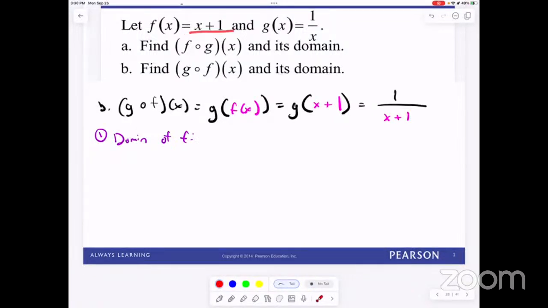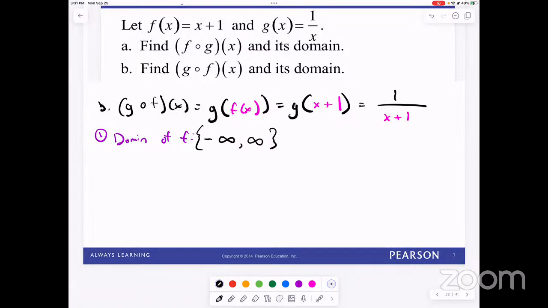Y-intercept is 1 and the slope is 1. So this domain is all reals, right? It's just a line. Every x is accounted for. So we'll say negative infinity to infinity. Okay, so that's the domain of F.